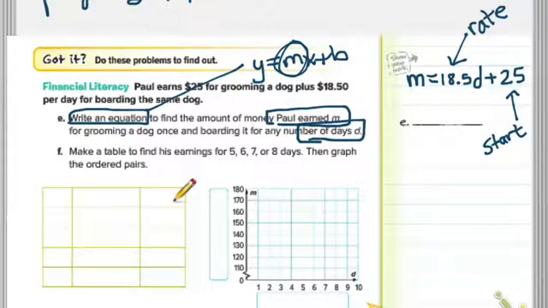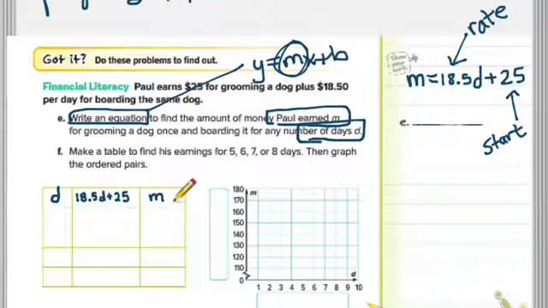Now, in the second part, for F, you're asked to make a table to find his earnings for 5, 6, 7, or 8 days. So we want to set up our table, and we have our input is D, and our equation is that, our work that we're going to do is that we're going to take 18.5 times that D plus 25 for each instance, and that is going to give us our output of the money he earns.